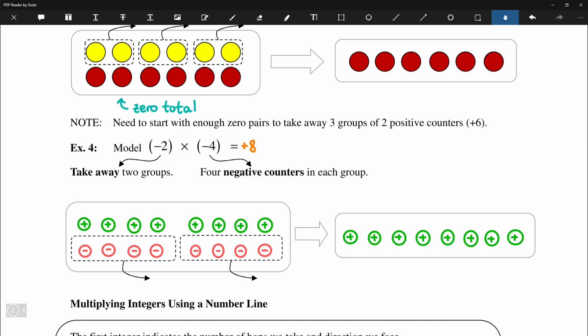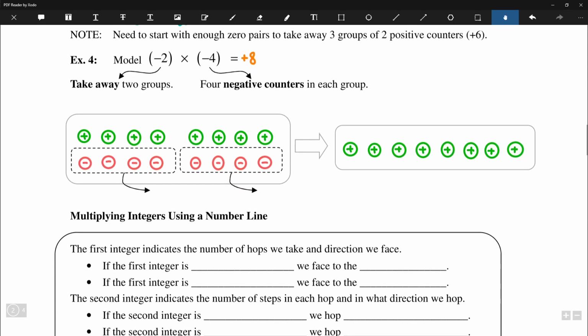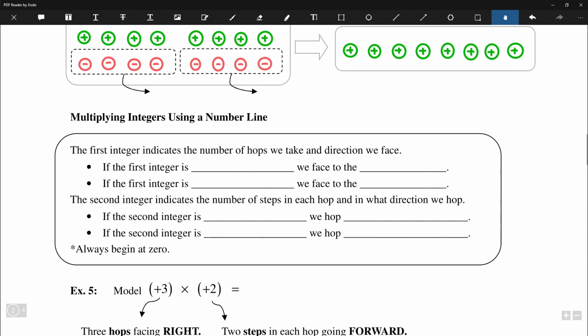Next, we are going to use a number line to multiply integers together. The first integer indicates the number of hops we take and the direction we face. If the first integer is positive, we'll face to the right.